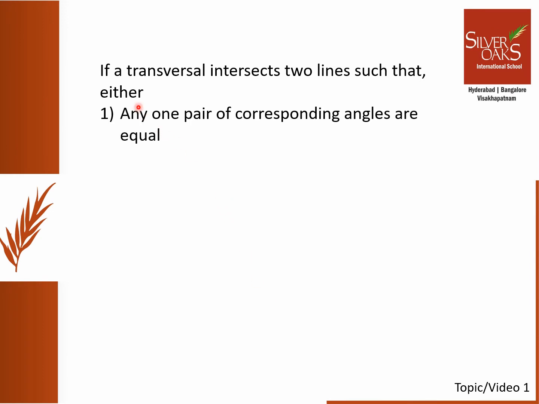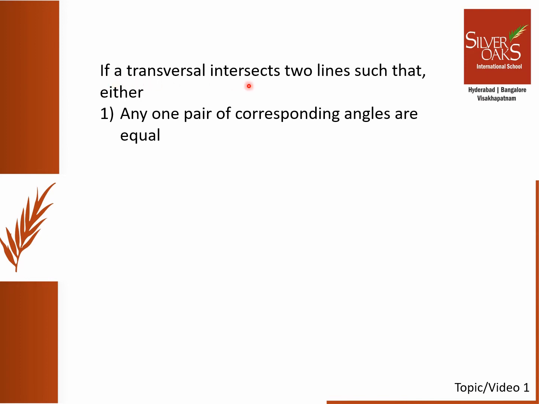Now, we have understood all the different types of pairs of angles. This is a summary of it. Suppose we have two lines which are not parallel to each other. How can we prove that the lines are parallel?